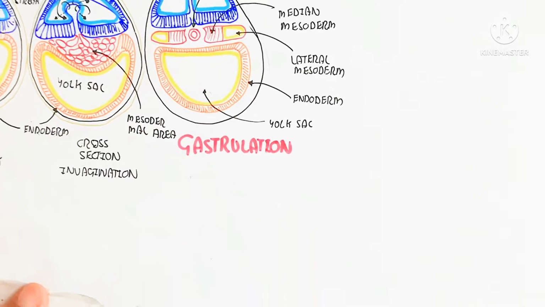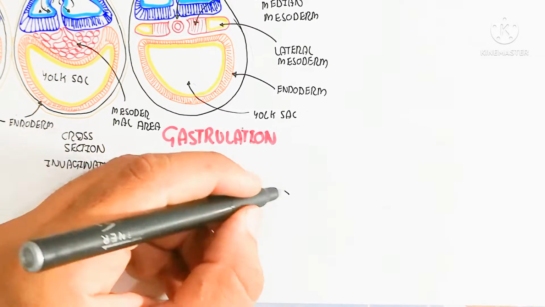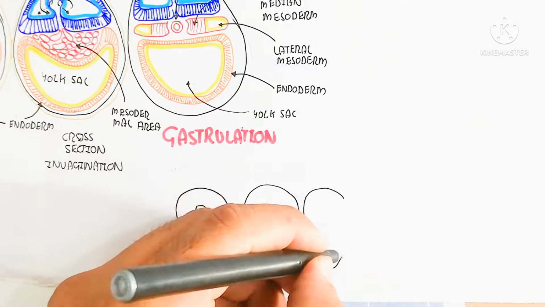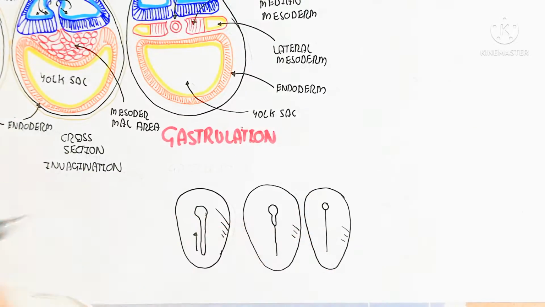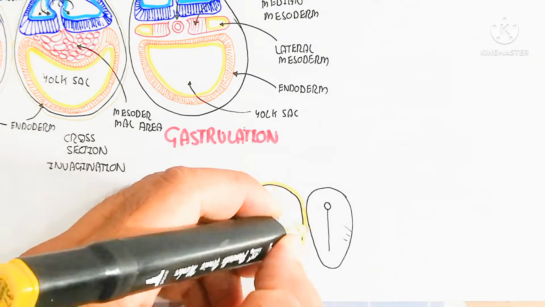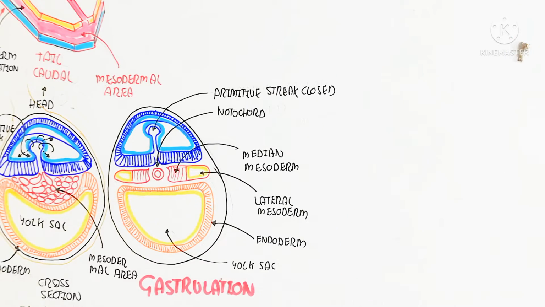Here are the median mesoderm and lateral mesoderm, formed due to the invagination of the epiblast cells. The lateral mesoderm will form the peripheral muscle and bones, while the median mesoderm is required for the production of other things, the heart as well as the lung.